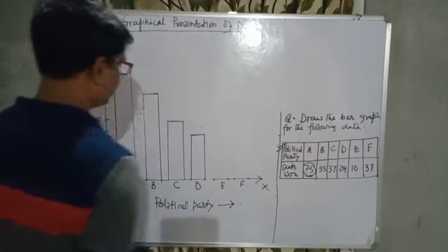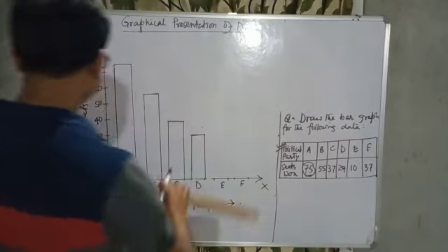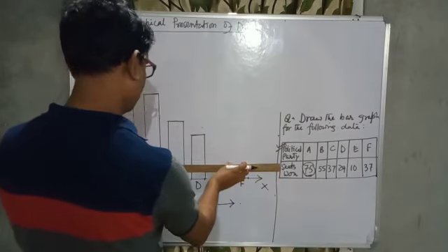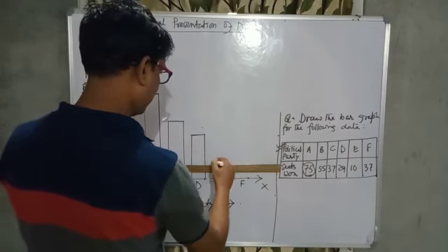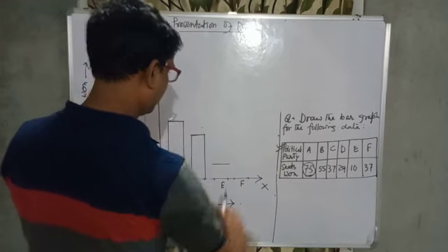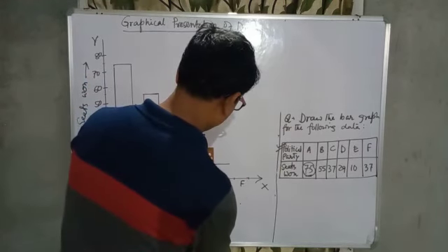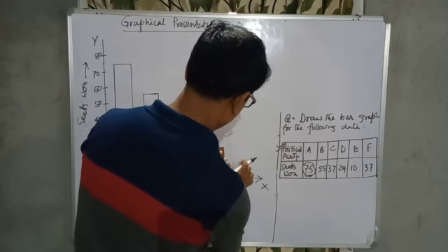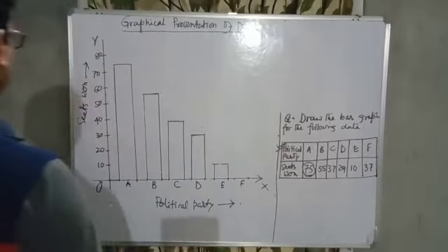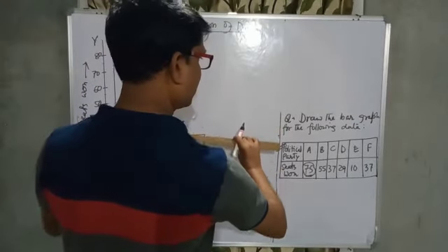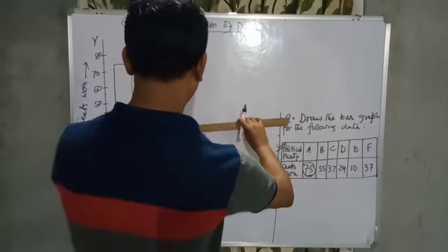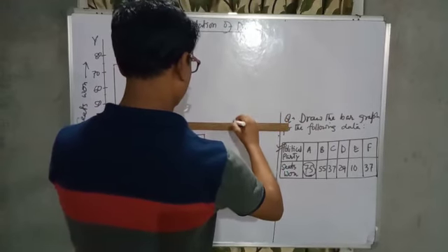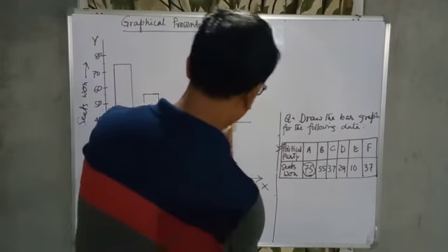Next, E is 10, so this length is 10. Next is F, 37, the same as the one I already drew.